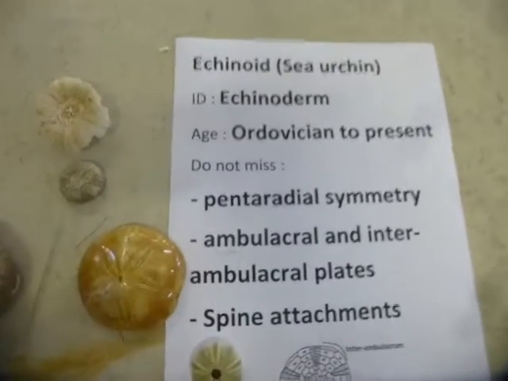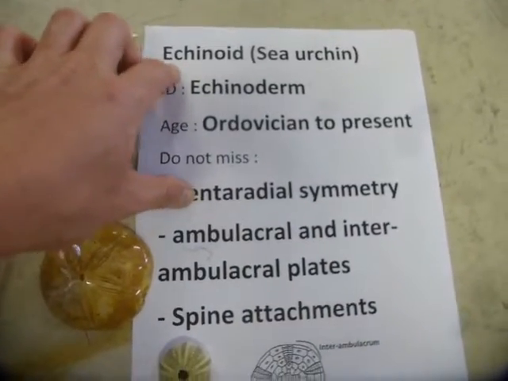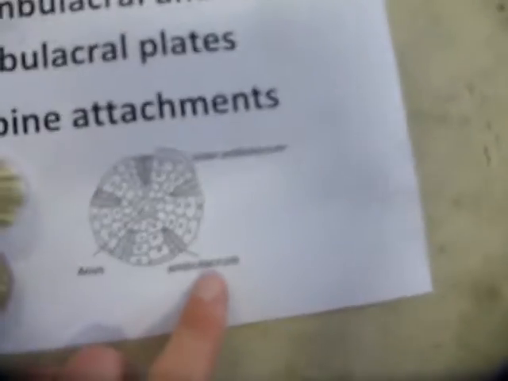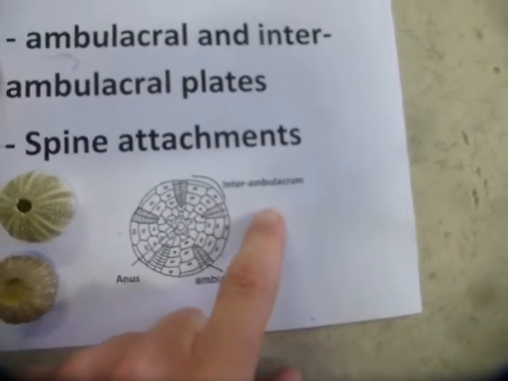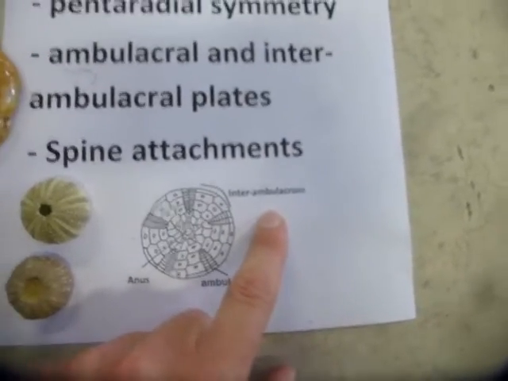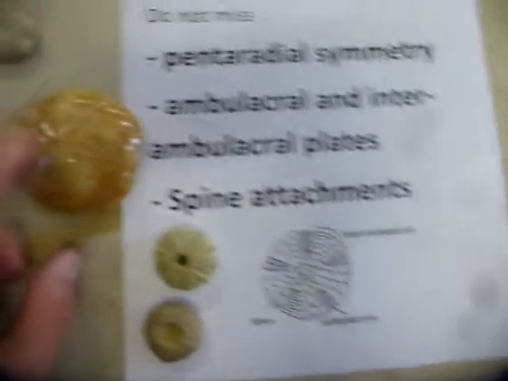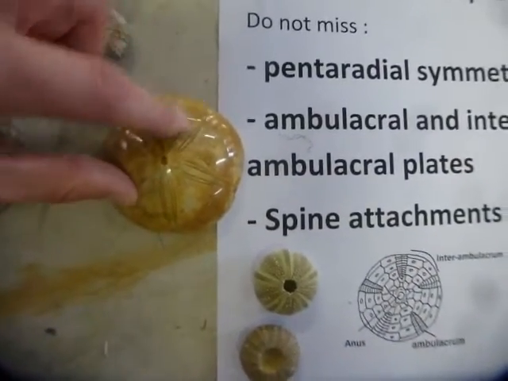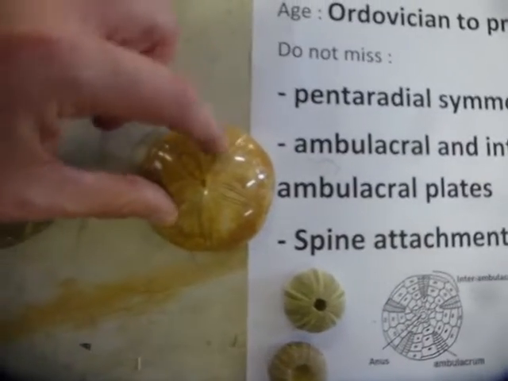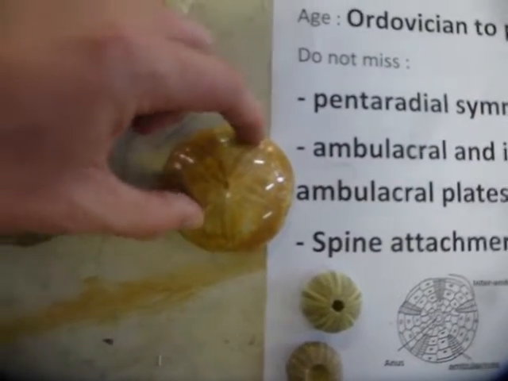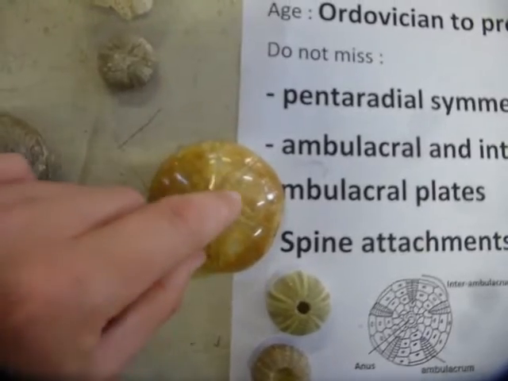And how to identify an echinoid? It's very simple. You look for the ambulacrum and interambulacrum areas or plates. So what's the ambulacrum? It's the area through which the animal would stick its little feet out.